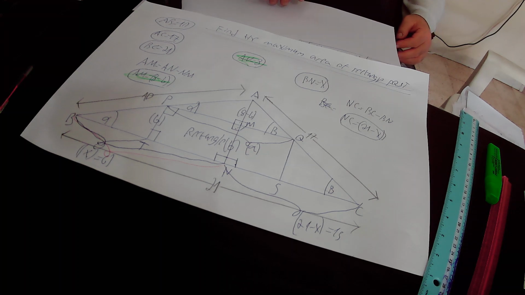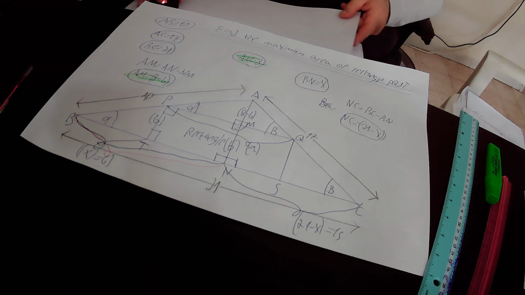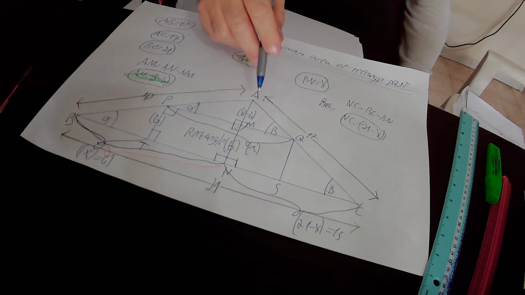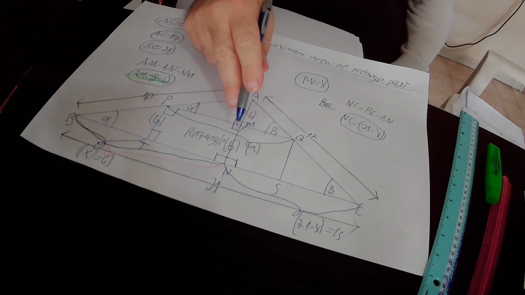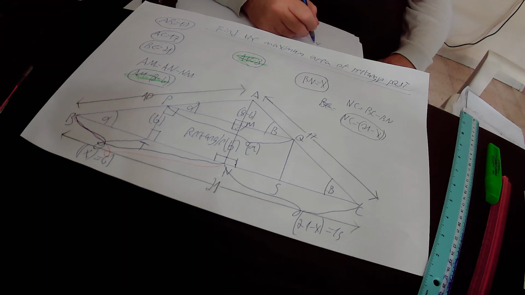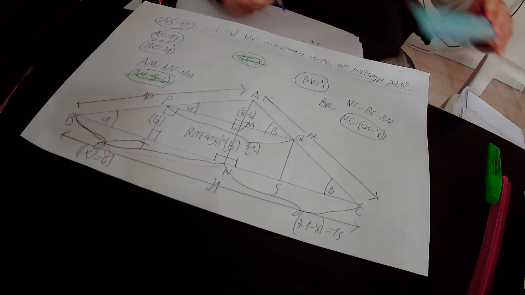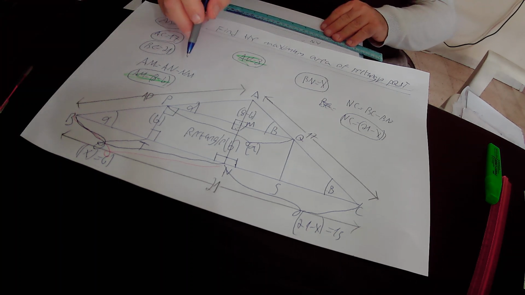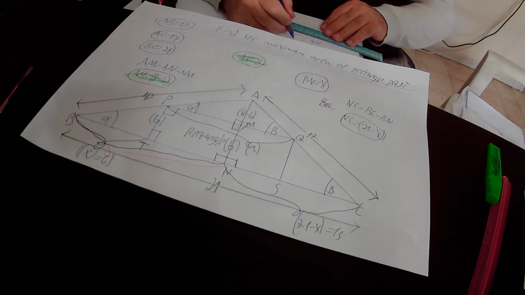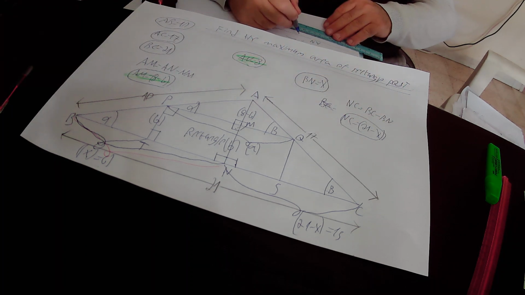So, the big triangle ABC is similar to this small triangle APQ, and therefore the height AM in the small triangle APQ over the height AN in the big triangle ABC must be equal to side PQ of the small triangle APQ over side BC of the big triangle ABC.